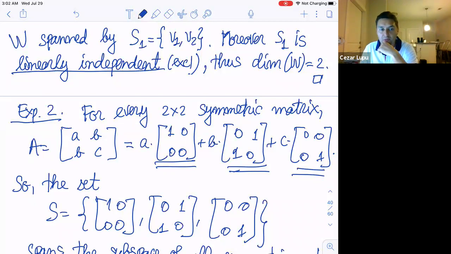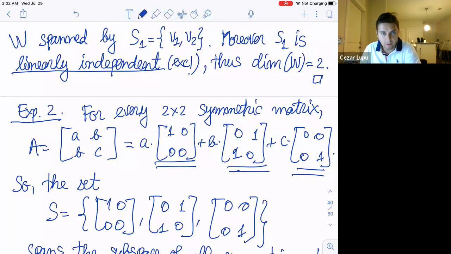We have 4 matrices. Well, in the case of 2 by 2 symmetric matrices, any 2 by 2 symmetric matrix will look like this: A, B, B, C. Let me remind you that a matrix is symmetric if it equals its transpose.